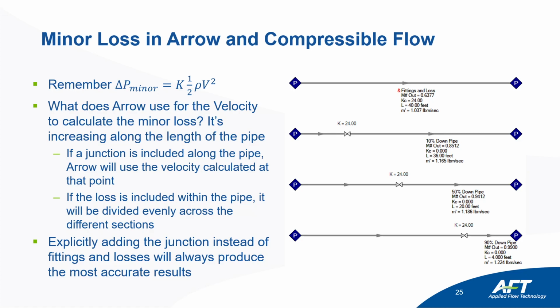Instead, if you have your minor loss explicitly placed in a junction, such as a valve, like we place it explicitly in this valve, Aero will use the velocity calculated at only that point. So that's the key difference. Fittings and losses will be averaged out throughout the entire pipe using the different velocities along the way, and an explicit junction will use only the velocity at that point.